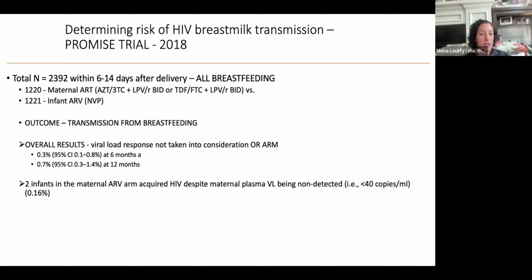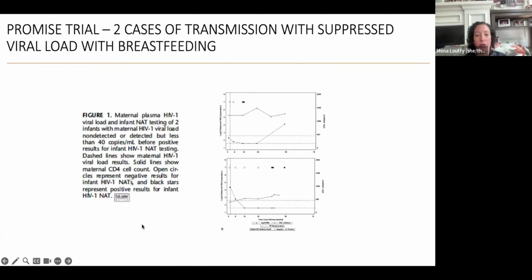And the outcome was transmission from breastfeeding. You can see that the transmission is the same in both arms and low. But there were 2 infants that were infected from breastfeeding in the first arm, with triple therapy, with the viral load being undetectable. These are the 2 cases.